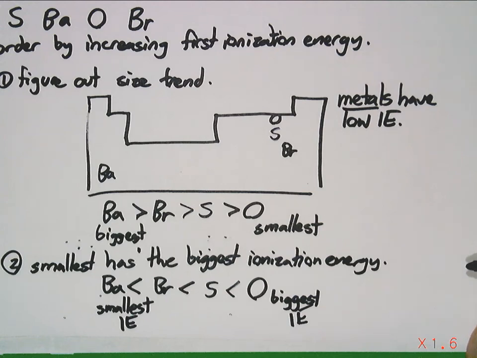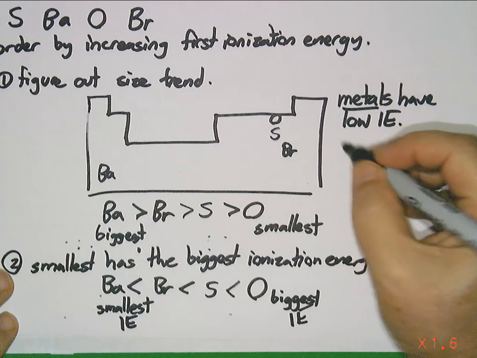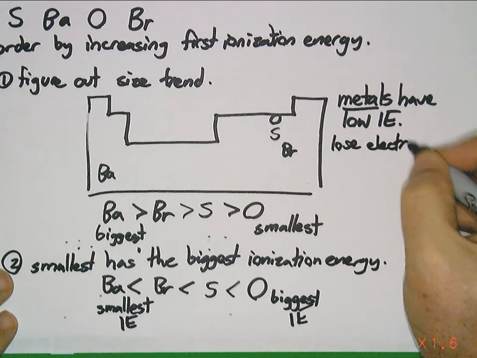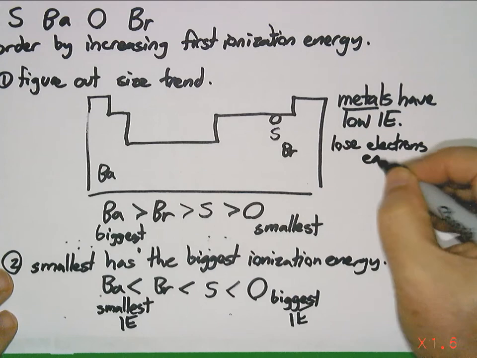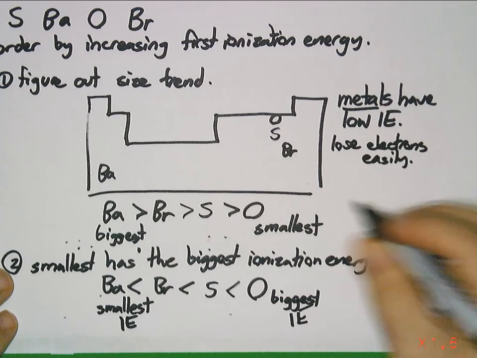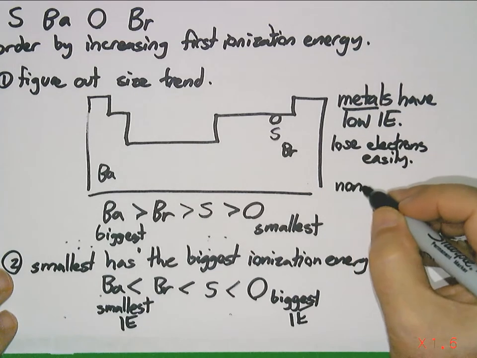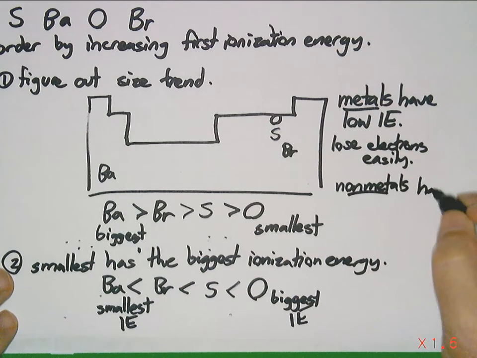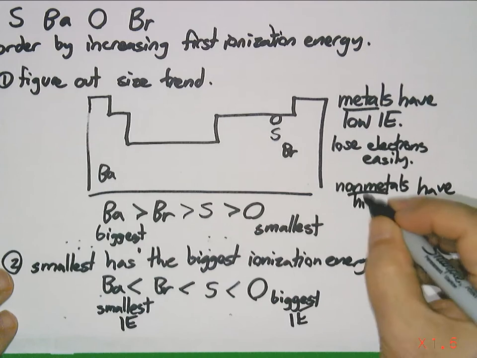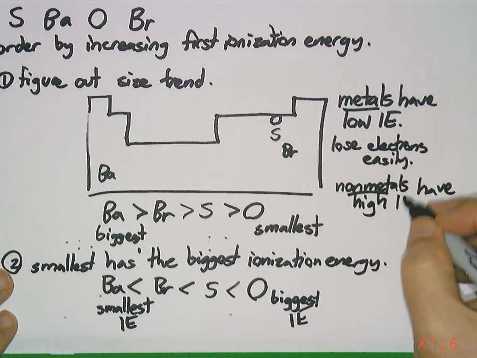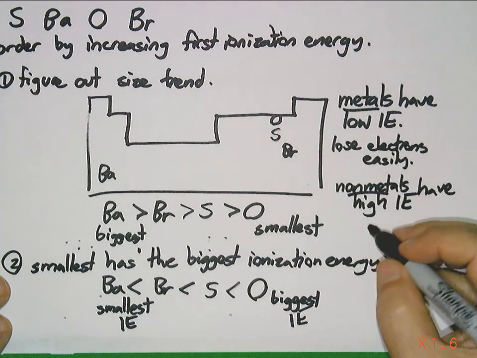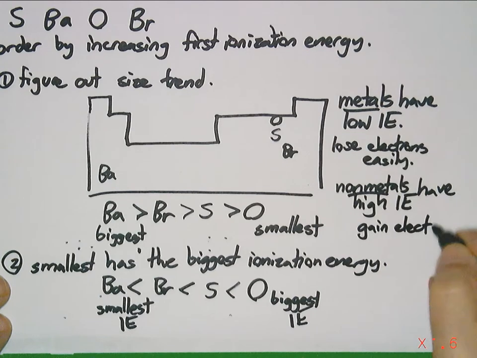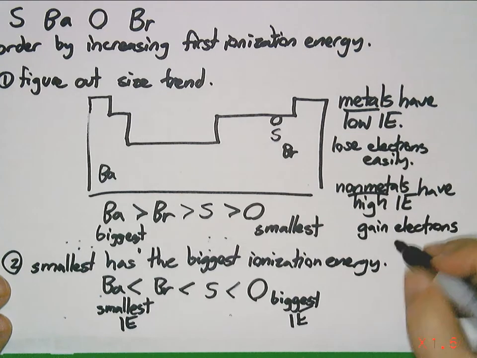So they lose electrons easily. Nonmetals have high ionization energy. They gain electrons easily. They don't lose them easily.